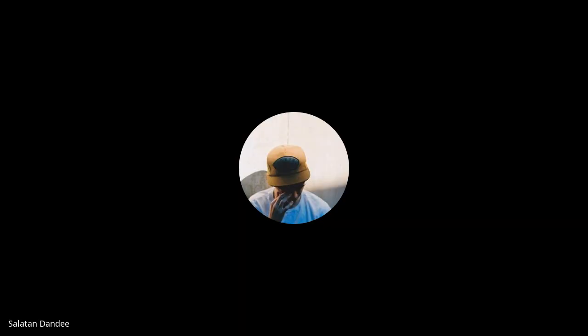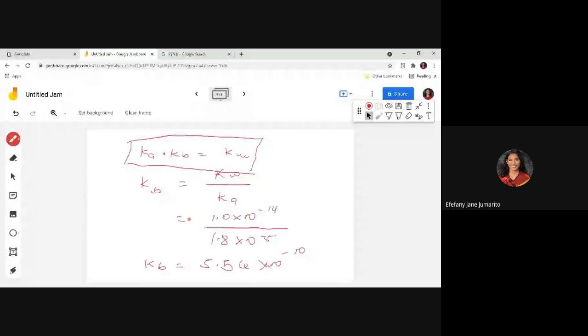Where did we get the 1.0 times 10 to the negative 14? Kw is a constant, that is 1.0 times 10 to the negative 14.